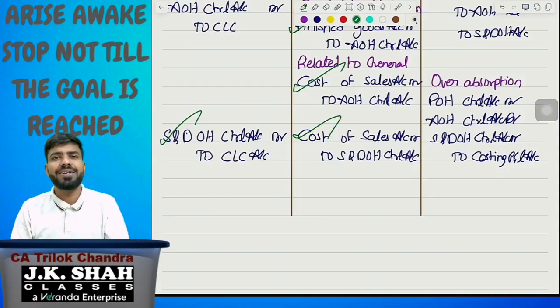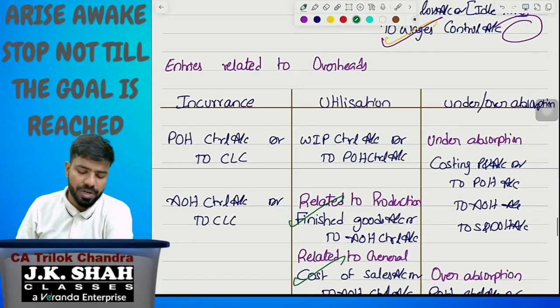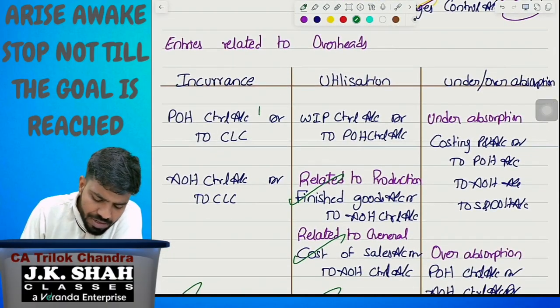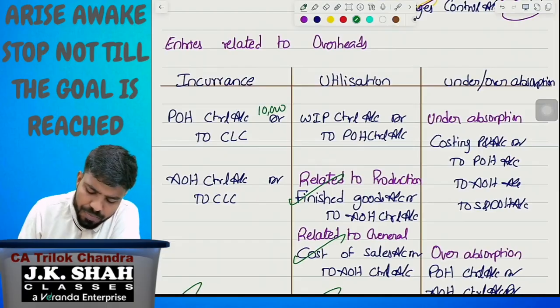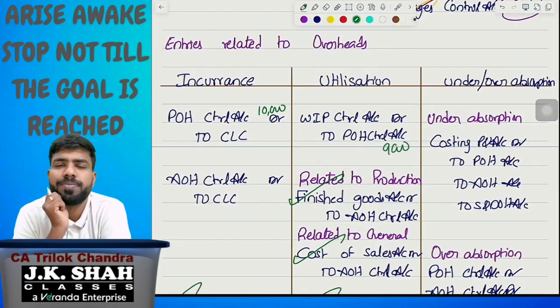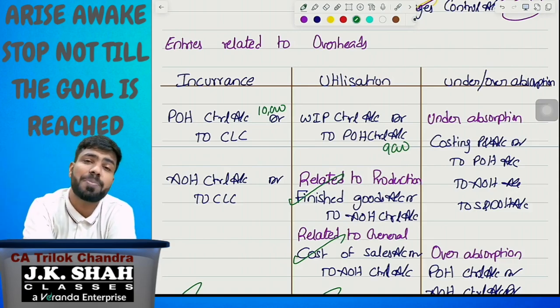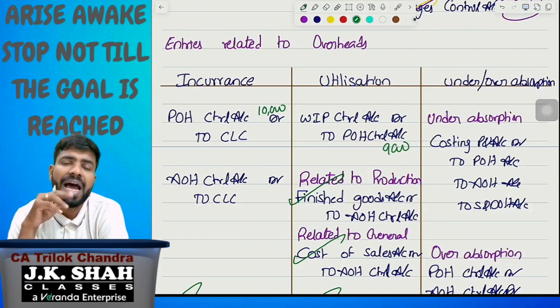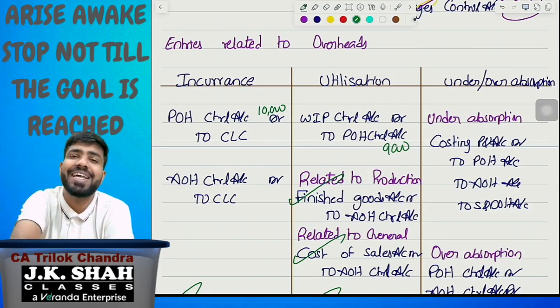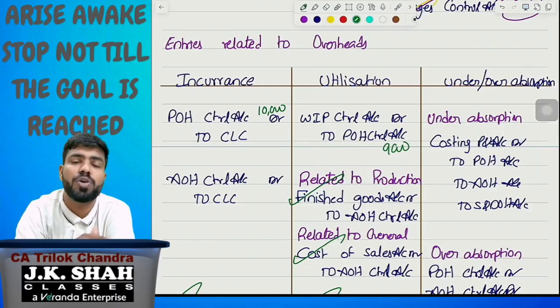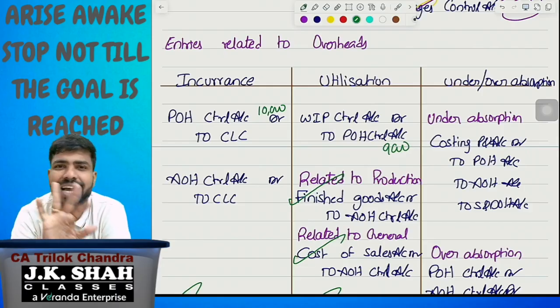So this is the incurrence entry and absorption entry. Listen to me carefully. Production overheads incurred is 10,000 rupees. Absorbed is 9,000 rupees. Incurred is 10,000, whereas absorbed is 9,000. There is under absorption. Under absorption is also called under accounted in cost books. I already told you, this under absorption and over absorption is there only in cost books.